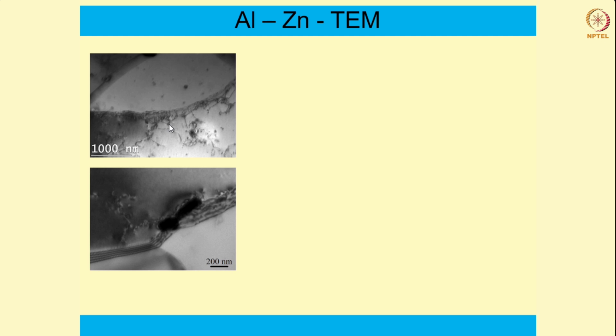Okay, so here again you can see the same thing that we discussed. Aluminium is a high stacking fault energy material, so you can expect the dislocations to arrange in this kind of low energy subgrain boundary configuration. Okay, so here again you can see a big grain, the white color grain.